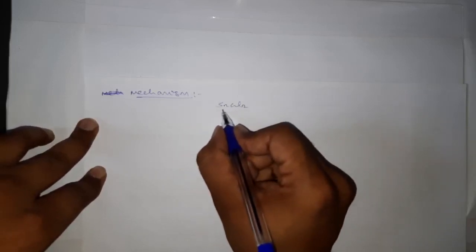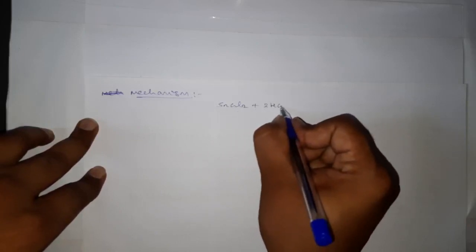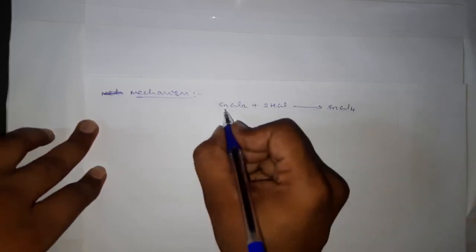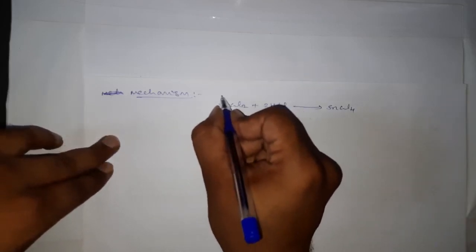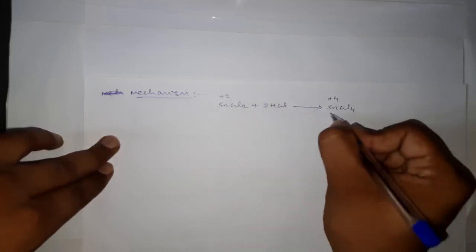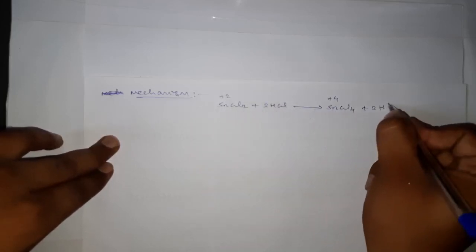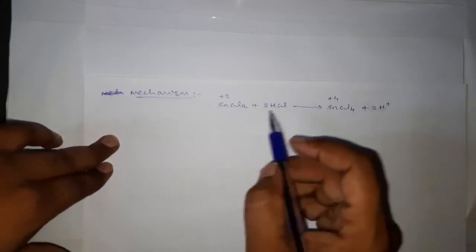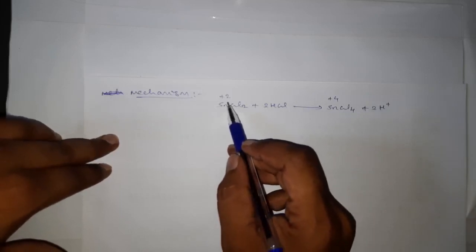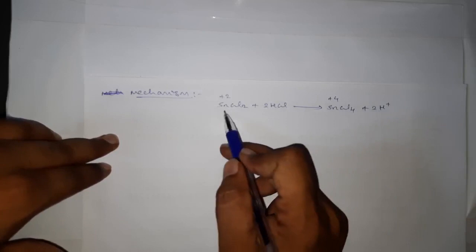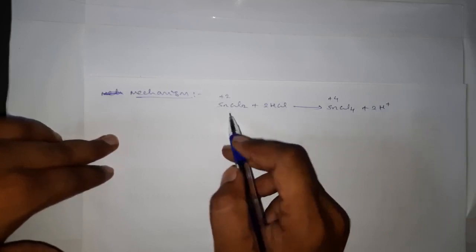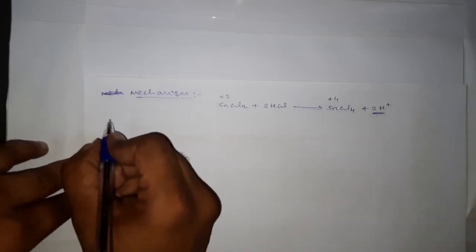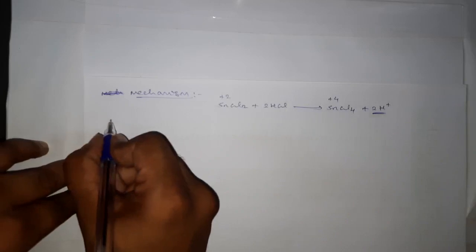When stannous chloride, that is SnCl2, is treated with hydrochloric acid, it is converting into SnCl4, and the oxidation state of tin Sn is +2 here, and it is +4 here, and it is giving two nascent hydrogens, and we can say the change in oxidation state is taking place from +2 to +4 for tin. Therefore, the tin is undergoing oxidation, and the 2 moles of nascent hydrogen formed are carrying the reaction forward.